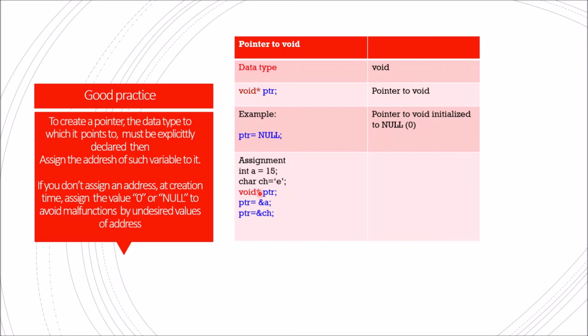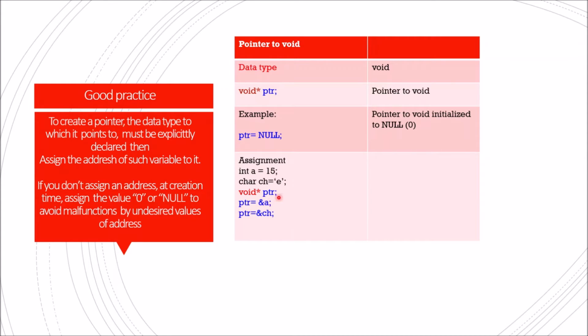What I mean is actually, okay, void will accept addresses from integer, char data types, float, double, etc. So you do that if you want to have a generic pointer that can receive any of these addresses, in case you don't know what's the type of data that is going to be returned in any case of your program.